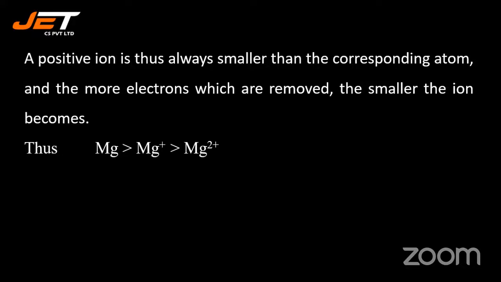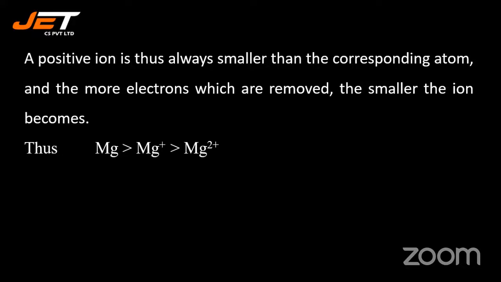One electron is removed, so the protons now outnumber the electrons. That is the reason we say the positive charge has increased. This positivity increases the force of attraction on the electrons, and the whole atom squeezes down and becomes even smaller.